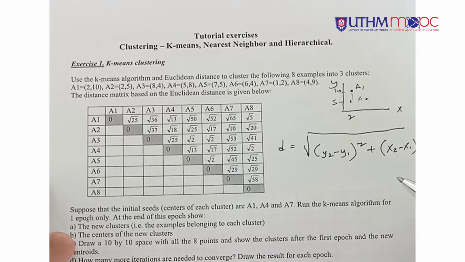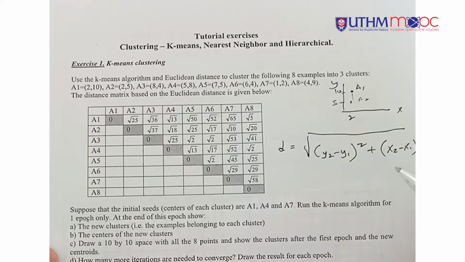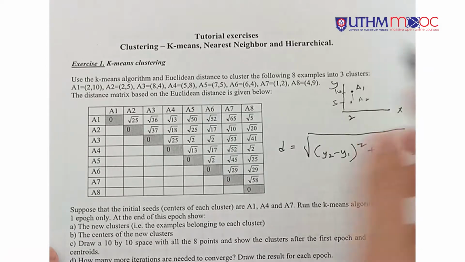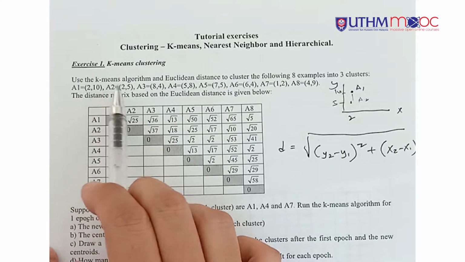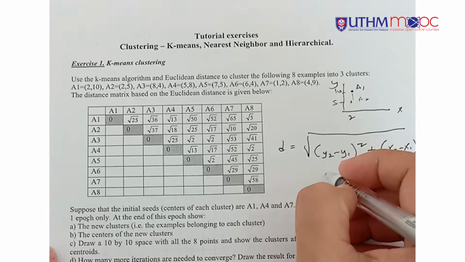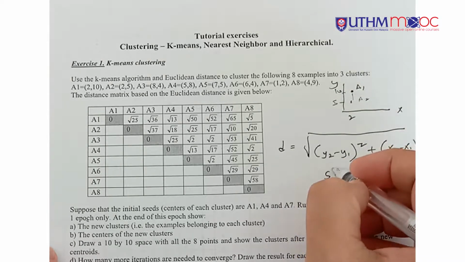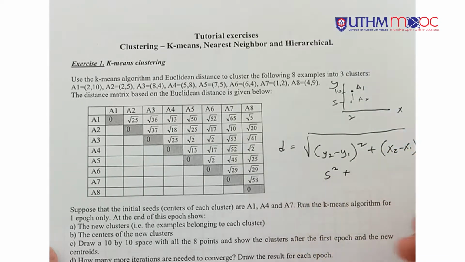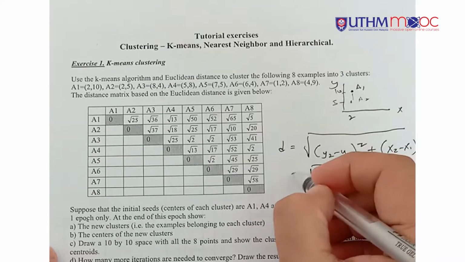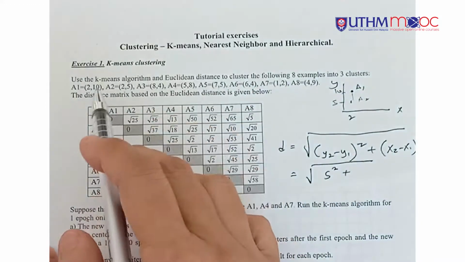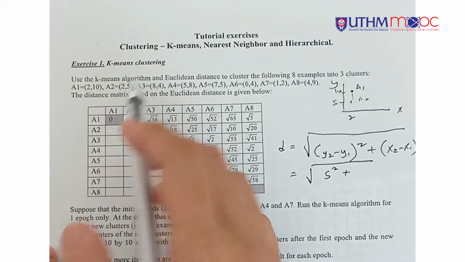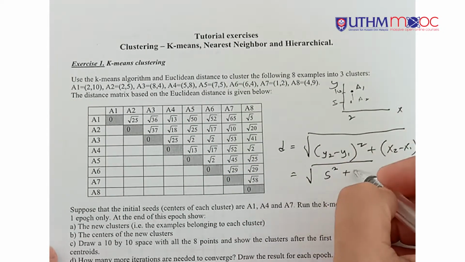Okay. So of course, using the Euclidean distance, we want to find the distance on the y-axis. Okay. y2, which is 10 minus 5, is 5 squared. Plus, sorry, let me do this. x2, what is x2? 2 minus 2, which is 0.